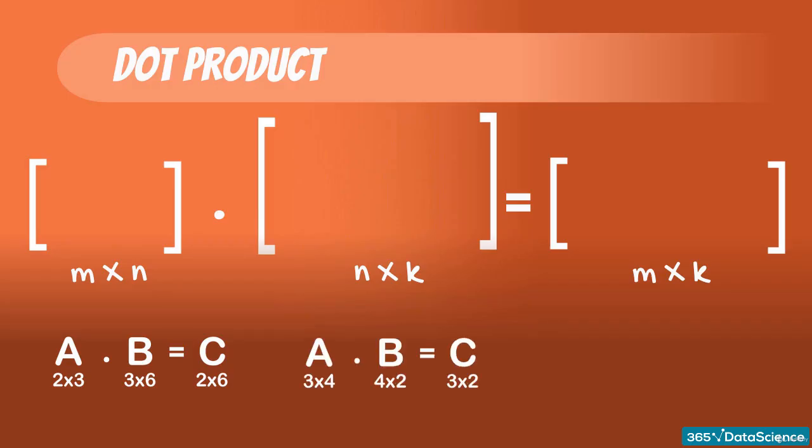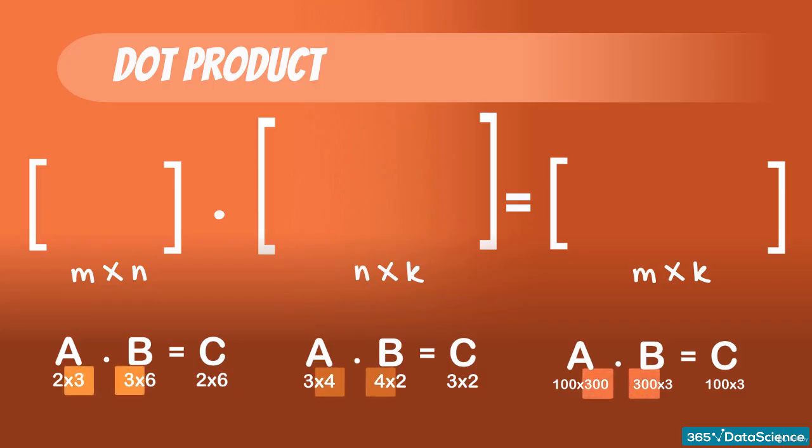A 3 by 4 matrix times a 4 by 2 matrix will give us a 3 by 2 matrix. A 100 by 300 matrix times 300 by 3 matrix will result in a 100 by 3 matrix. Basically, whichever dimension is repeating will disappear in the resulting matrix.